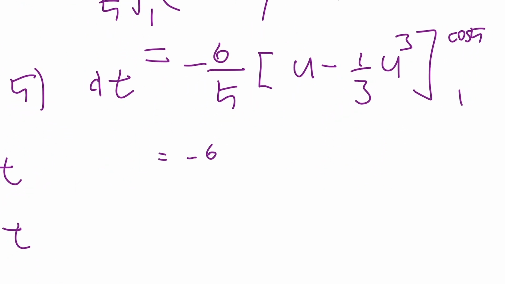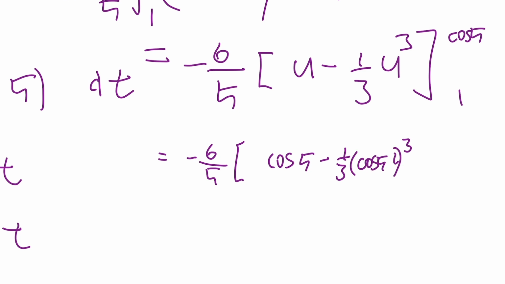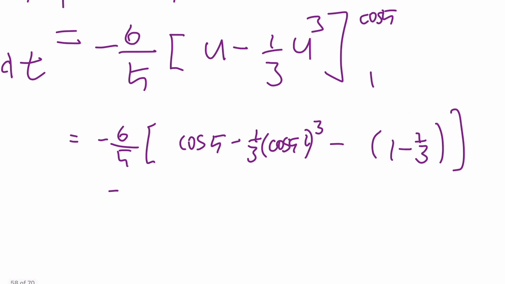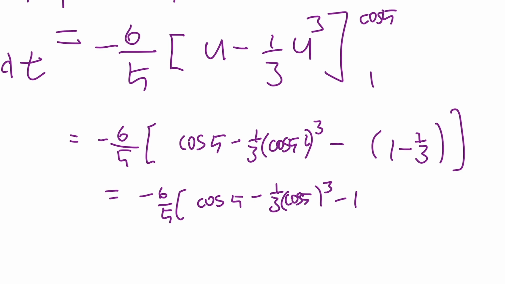So we're going to get negative 6/5 times cosine 5 minus 1/3 cosine 5 to the power of 3, minus 1 minus 1/3, or minus 2/3.